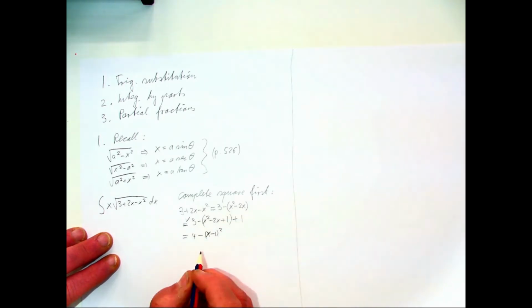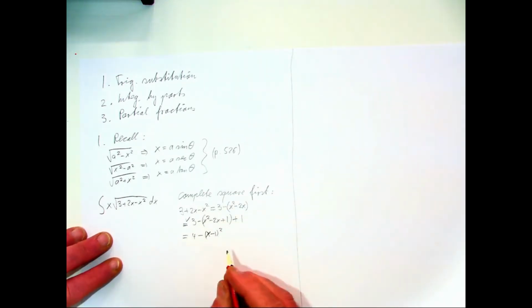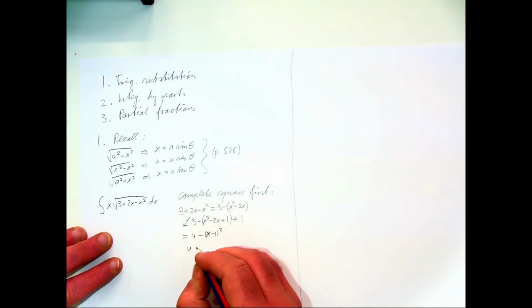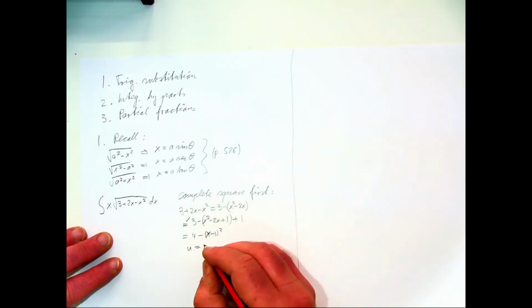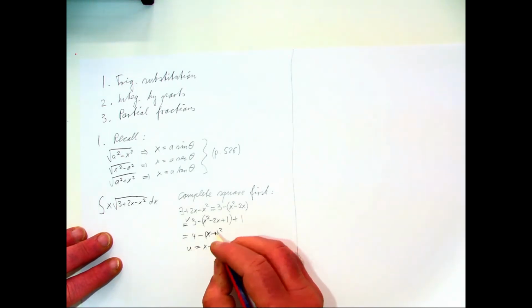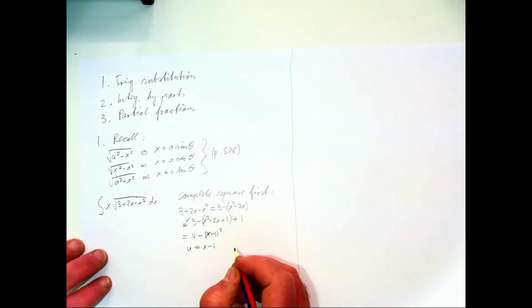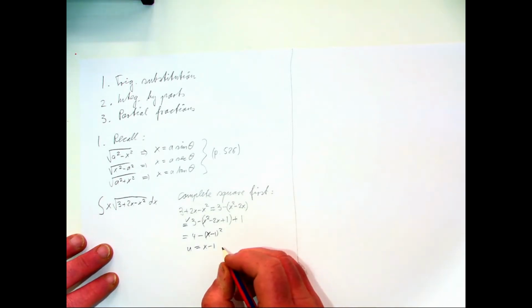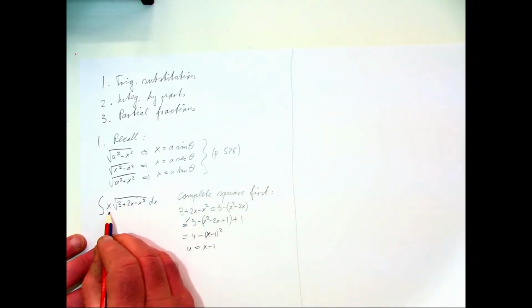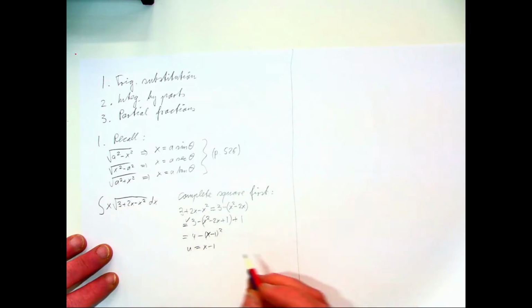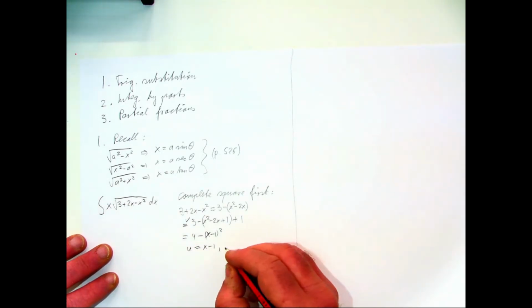And now we see that the only sensible substitution is u equals x minus 1. And then we also see what the x is here. And the dx is, of course, the same as the du.